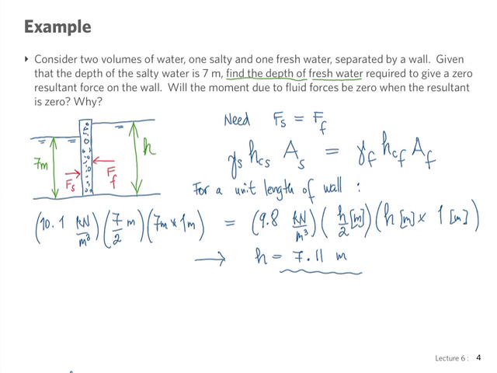So in order for the moment to also be zero, the two forces would have to be collinear. You have a hint from how I drew this that they're not necessarily collinear. And you can imagine that if these depths are different for the salty and fresh water on each side, then the point of action of those forces is going to be different.